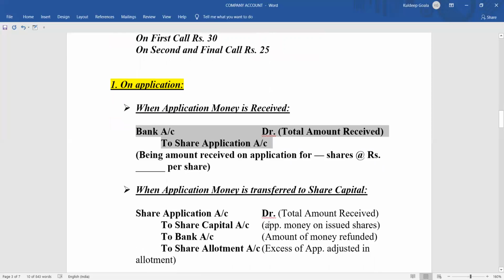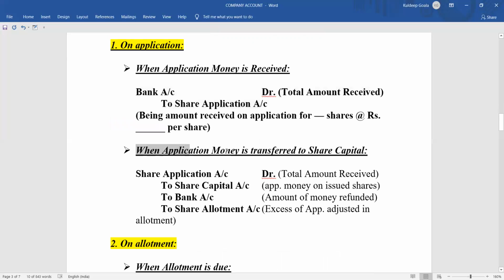Okay, then coming to the next one, when application money is transferred to share capital, what will happen? जब एप्लीकेशन का पैसा शेयर कैपिटल में ट्रांसफर होगा, यही पैसा होगा ना जो आया है, the money that we receive in the application. So out of that what you will do, you will close it by debiting, so share application account debit total money to share capital to the extent of shares we have issued.